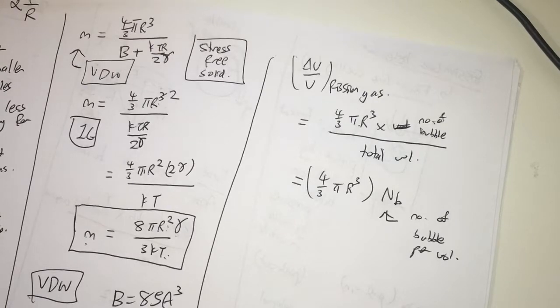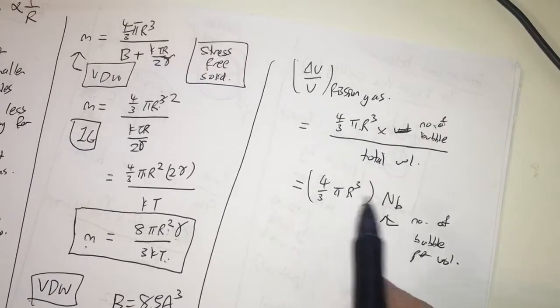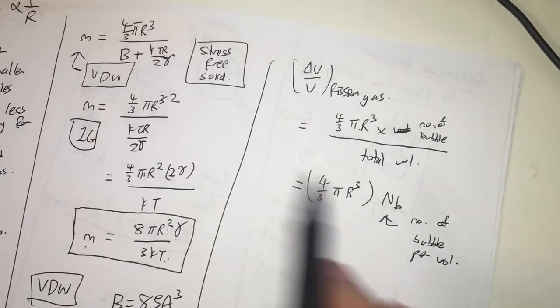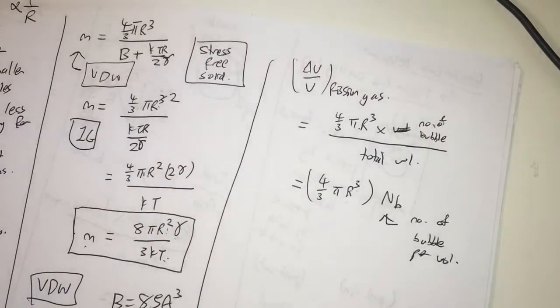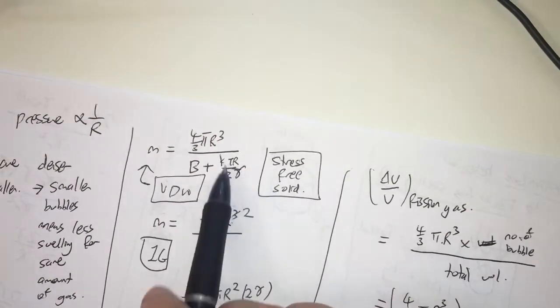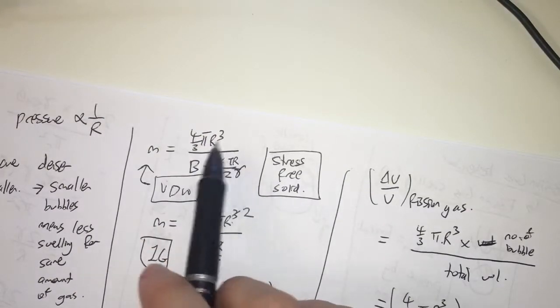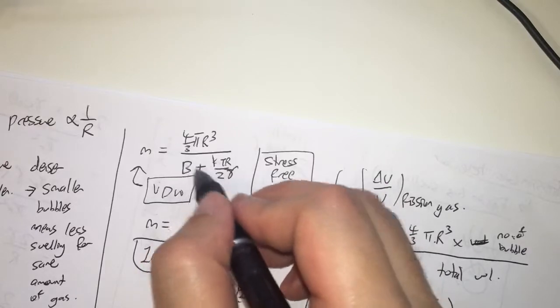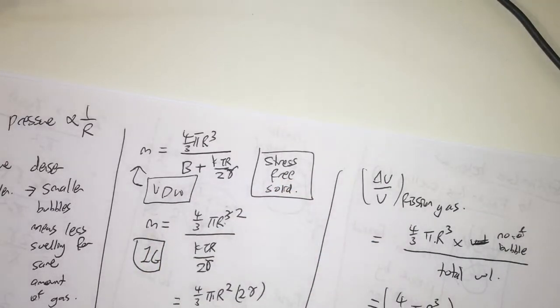Now, what do we need to do? The next thing we need to do is to substitute this R with whatever expression we have here. Now, if you look at this equation, R appears in two places, so factoring that out will not be so easy. That's why ideal gas is sometimes used for easier calculation.